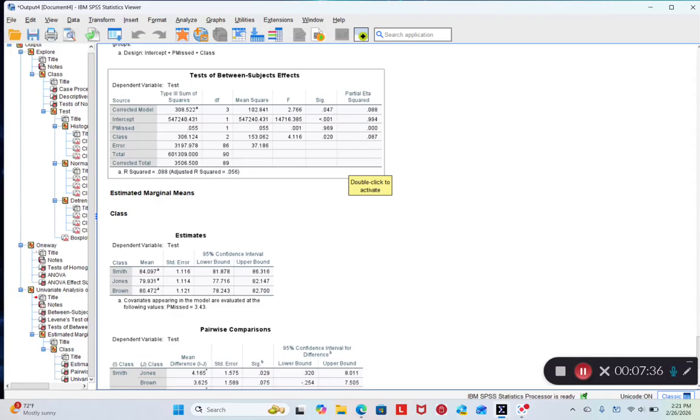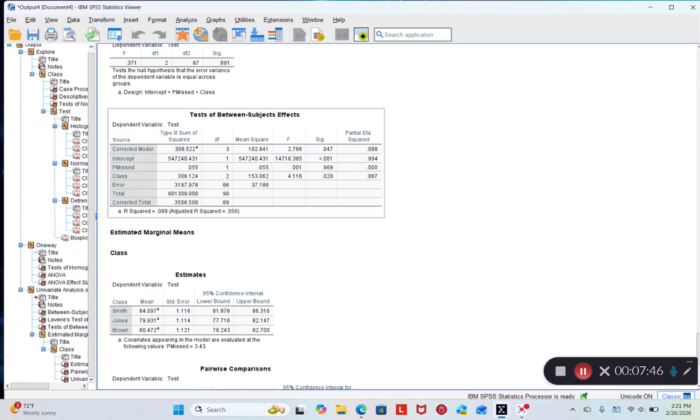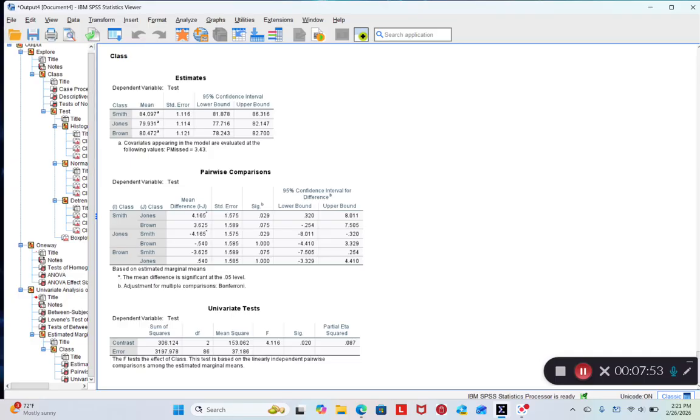Our effect size, the partial eta squared, was 0.087, so that was a medium to large effect on the comparison. Hope you have a good day.